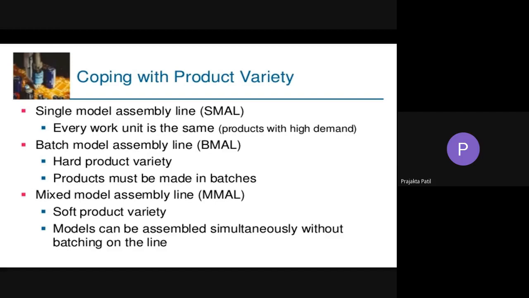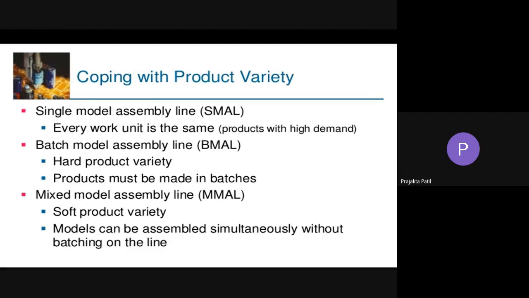So many consumer products are assembled on the mixed model line. Like you have automobiles, and there are so many major appliances that we use. They can have these mixed models. If you consider a washing machine, you have so many different models in the washing machine itself.